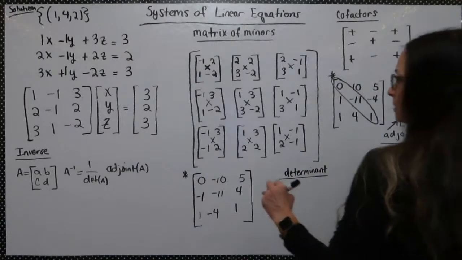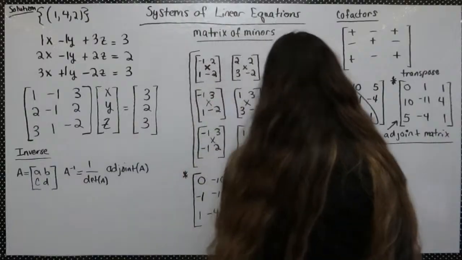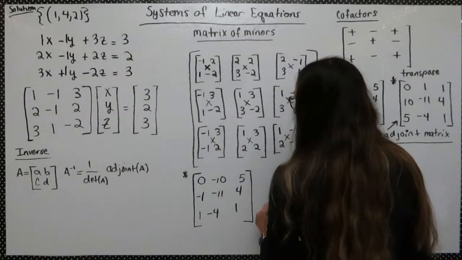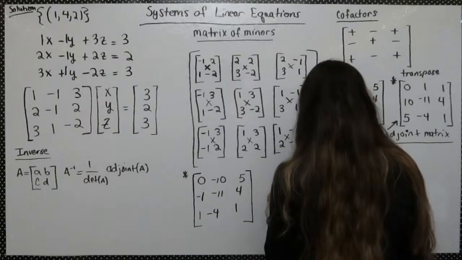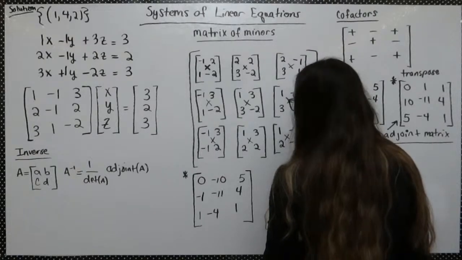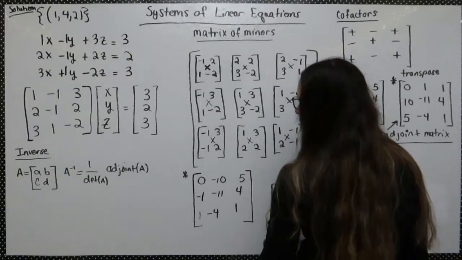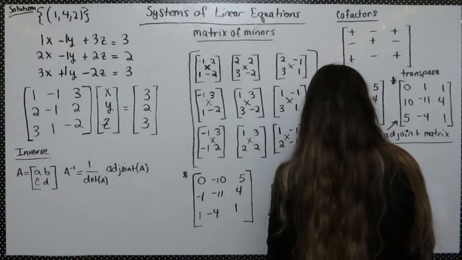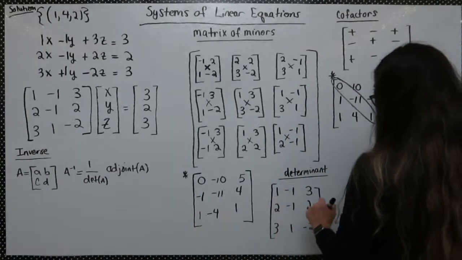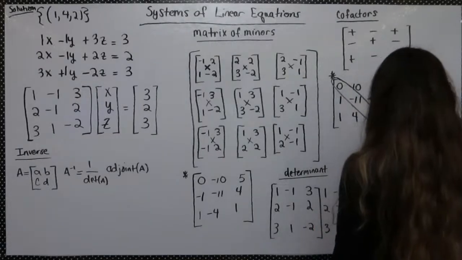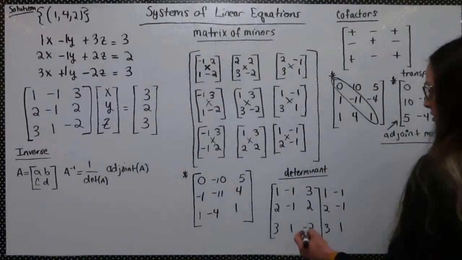You're going to list your original matrix here, and then you're just going to copy the first two columns. So we've got 1, -1, 3, 2, -1, 2, and 3, 1, -2. Then we list those first two columns: 1, -1, 2, -1, and 3, 1. Then you're just doing the diagonals.